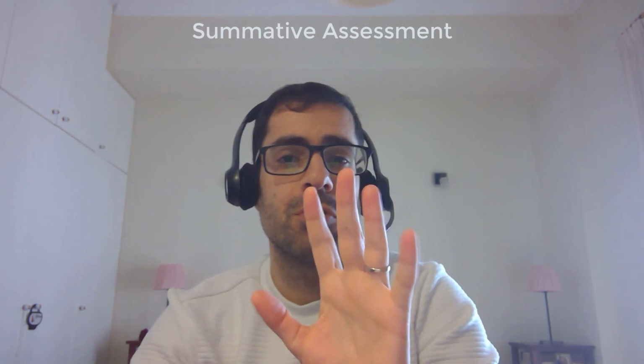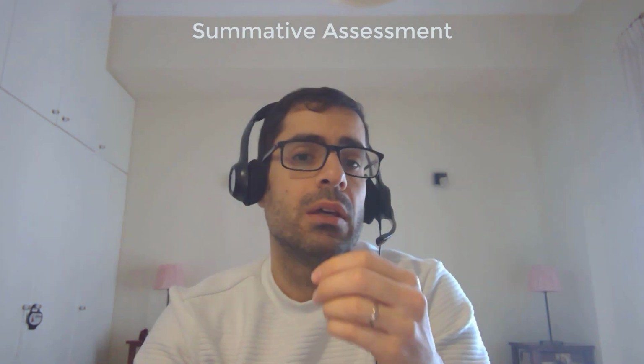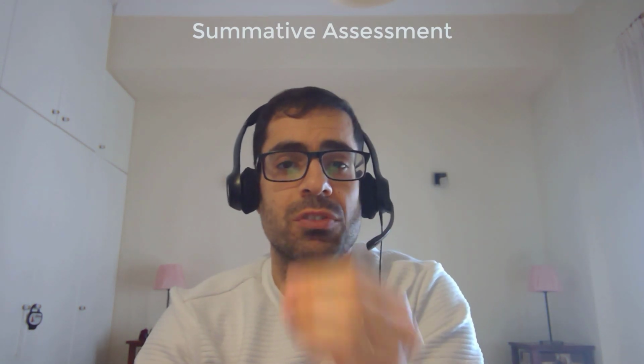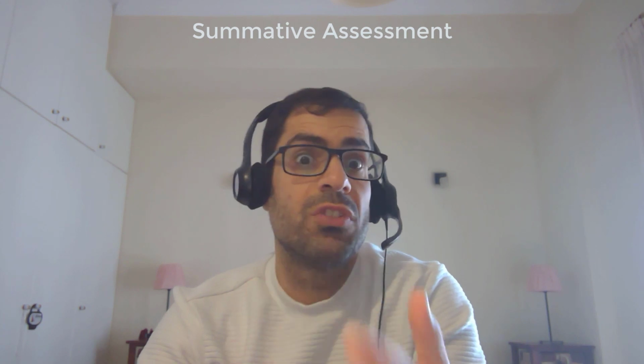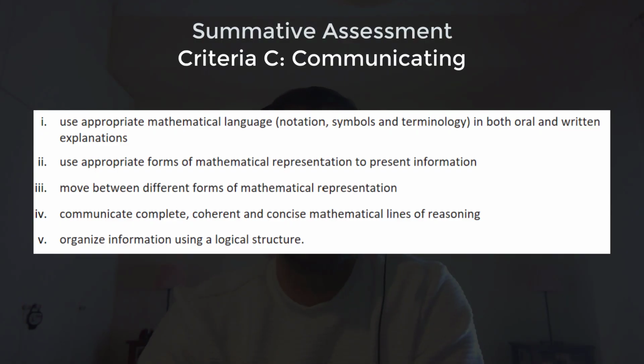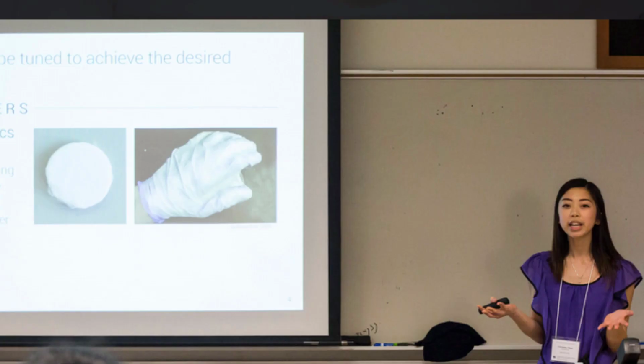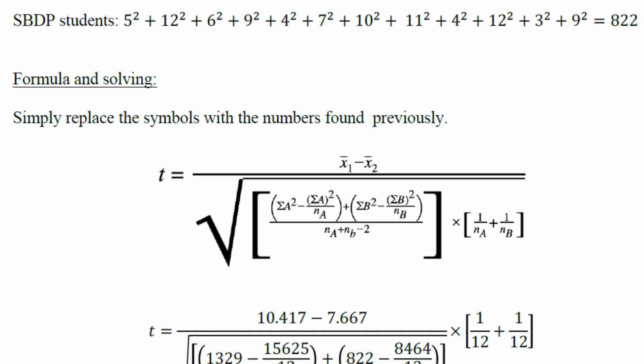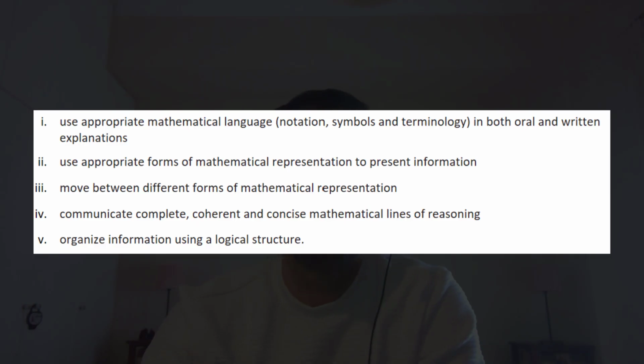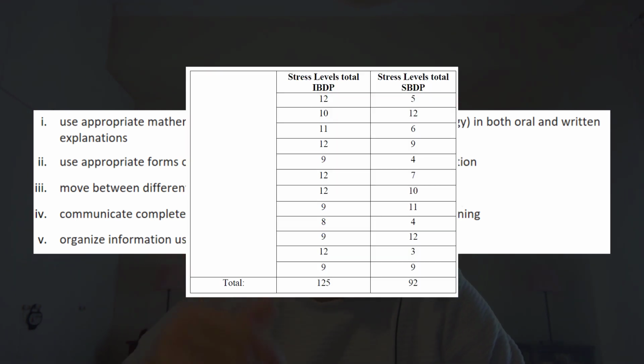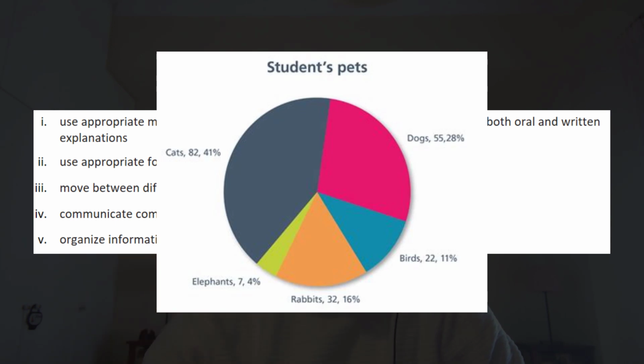There are 5 different strands, so 5 different characteristics that I need to assess when the students give me their product. The first strand is use appropriate math language in oral and written explanations, so it could be either or both. Use appropriate forms of mathematical representation, so that's showing graphs, tables, and charts, and showing them effectively.